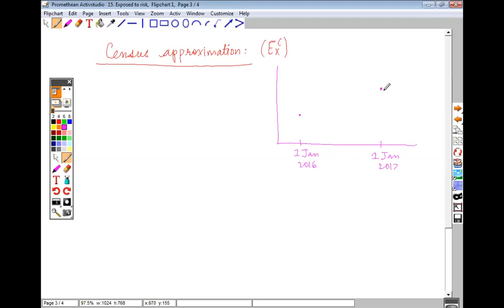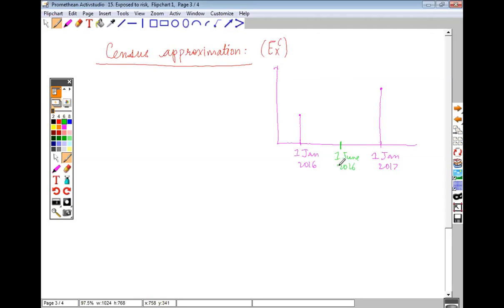So I know that I have these many people exposed to risk at this point in time and these many at this point in time, and that could be any number here. I'm just trying to avoid too much notation in here. All right, so once we have this, if I ask you to tell me how many lives, or what is my exposed to risk at 1 June 2016, how will you answer this question?